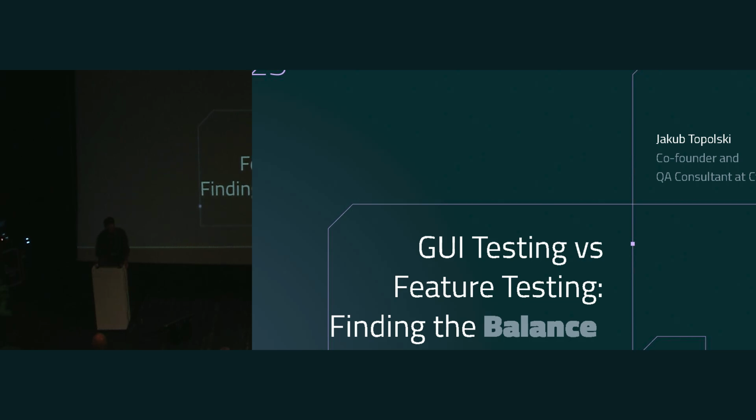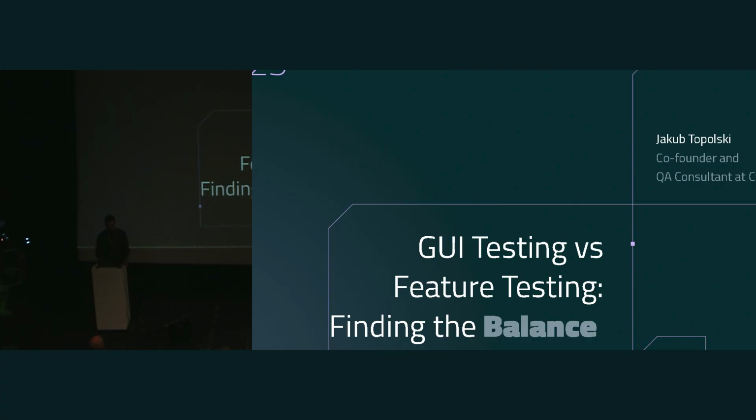Okay. But is it really so important that all of us have the same understanding about GUI testing and the scope of this testing? I would say not necessarily, as long as within our team it is well defined and we are aware of its scope and its limitations.